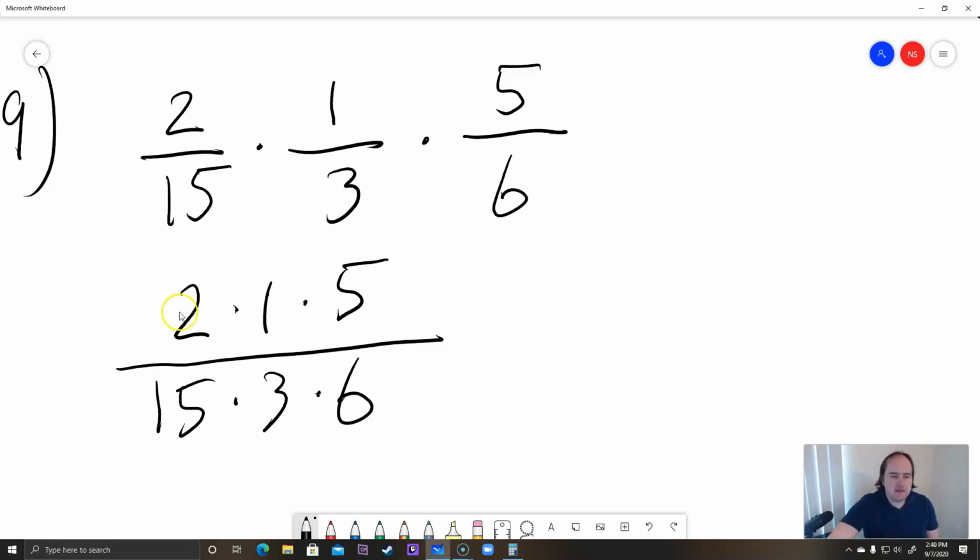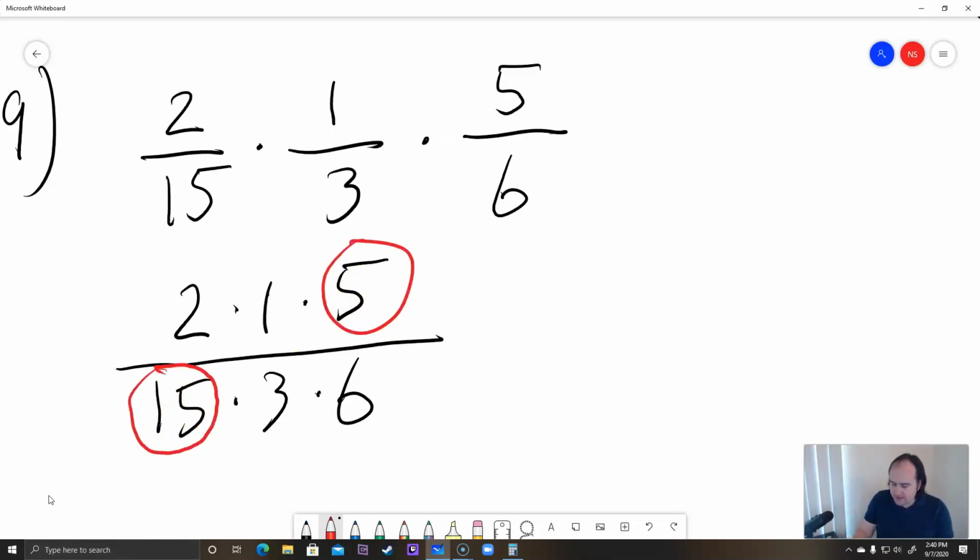Now looking at these numbers, the only numbers that have common factors are the 5 and the 15, because 5 goes into 5 and 5 also goes into 15. So we're going to divide each of those by 5.